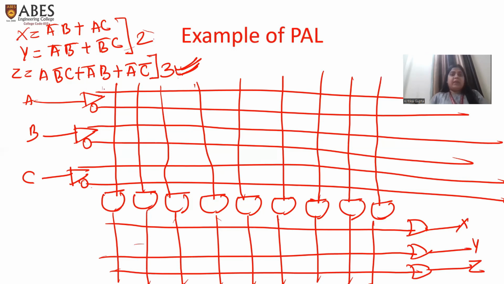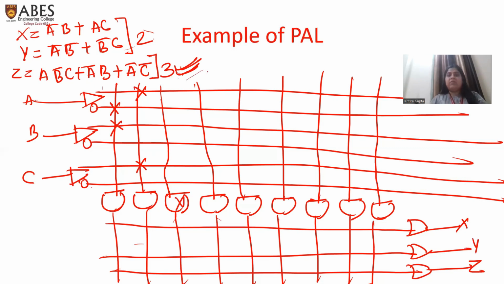First minterm, A bar B. Second minterm, AC, A and C. Now, as I have told you, I am taking 3 programmable AND gates for function X, but there are only 2 minterms. So this gate is not used for X. So for this I am not connecting any line.